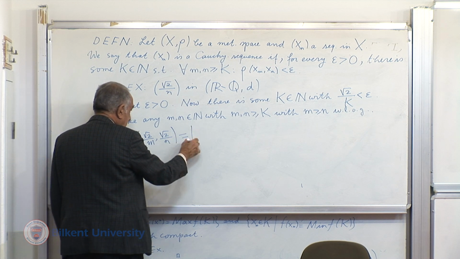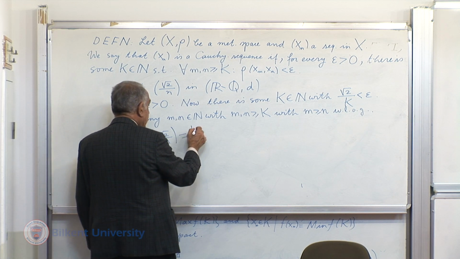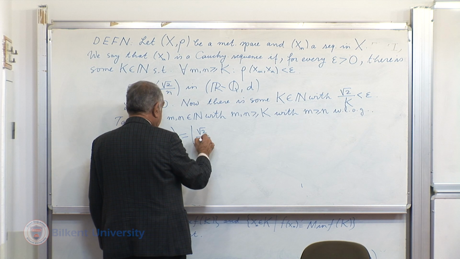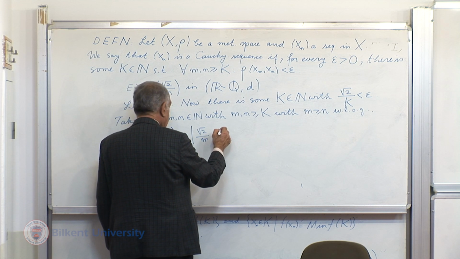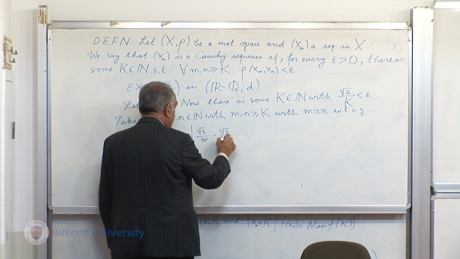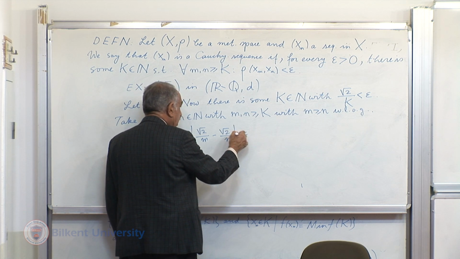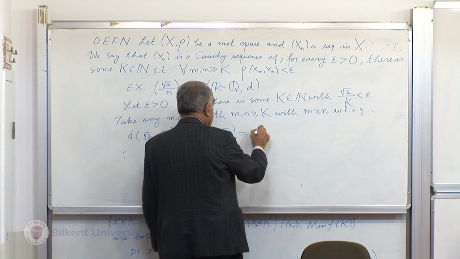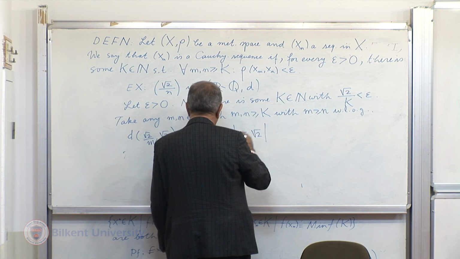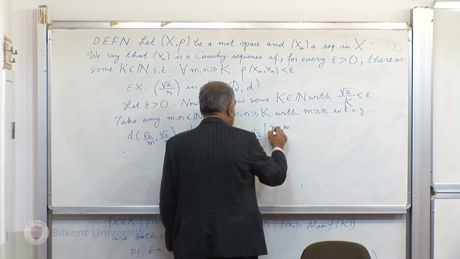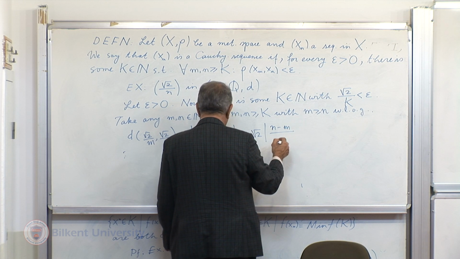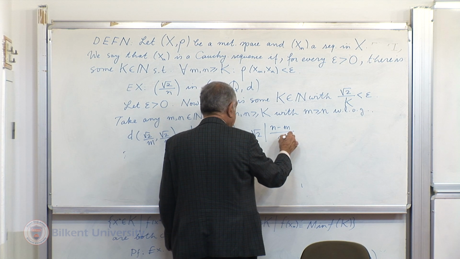But that's just the usual metric, so this is square root of 2 over m minus square root of 2 over n. If I perform this, I can take the square root of 2 out, and then I'll have n minus m divided by mn.